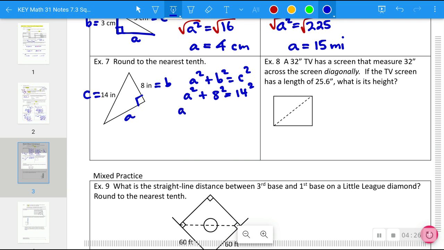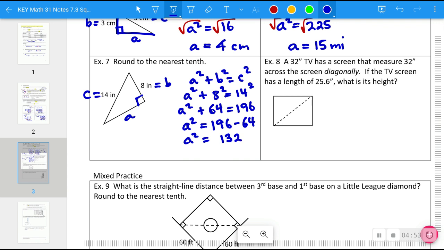So if you take 8 times 8, that's the next step here, and 14 times 14, and we'll subtract to get the A by itself. Subtract 64 off both sides, and if you do the math here, you get 132. Okay, unlike the previous problems, this is not a perfect square.